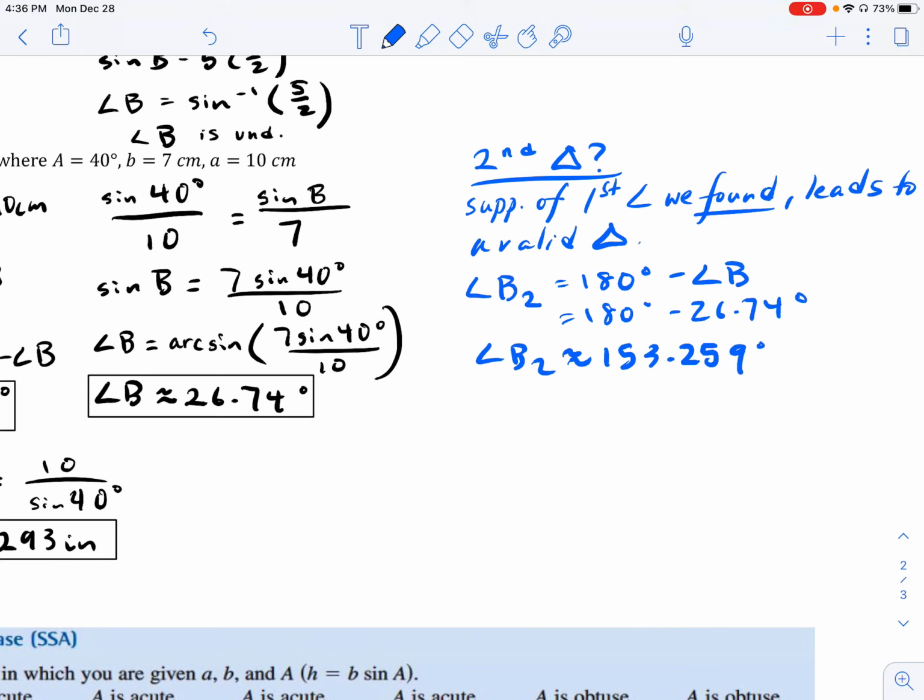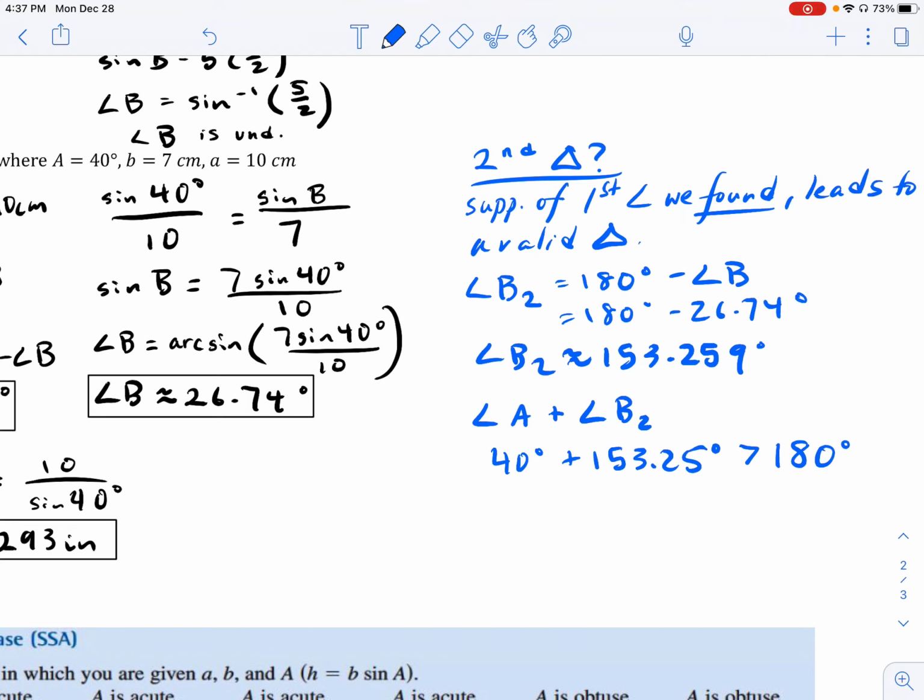We know that angle A, that is given to us, plus angle B2, that we're saying could be a possibility. Look at what we're seeing with these values. Angle A was 40 degrees. Angle B2 here is 153.259.